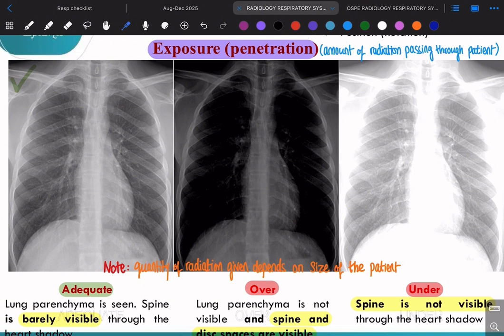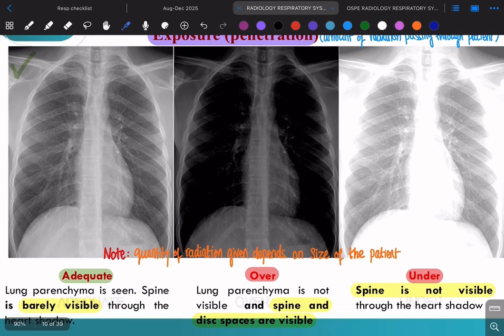Okay, so adequate means this is the correct exposure for the patient and this is the perfect amount of radiation for this patient. Over, meaning overexposure, the radiation is more than the patient needs, and under means the radiation is less than what the patient needs.